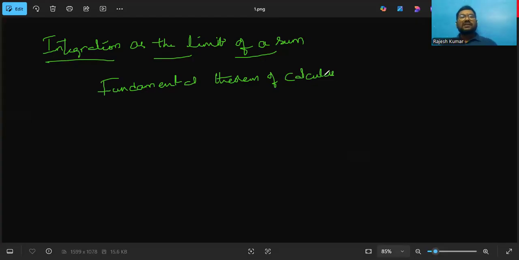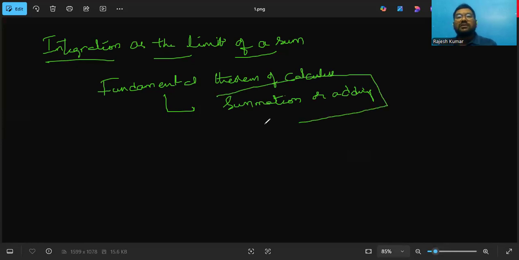It is also a fact that integration is nothing but summation, or I can say adding things. So using this concept of integration as a summation, we can calculate the area of some irregular figures, the volumes, and also some mathematical quantities.